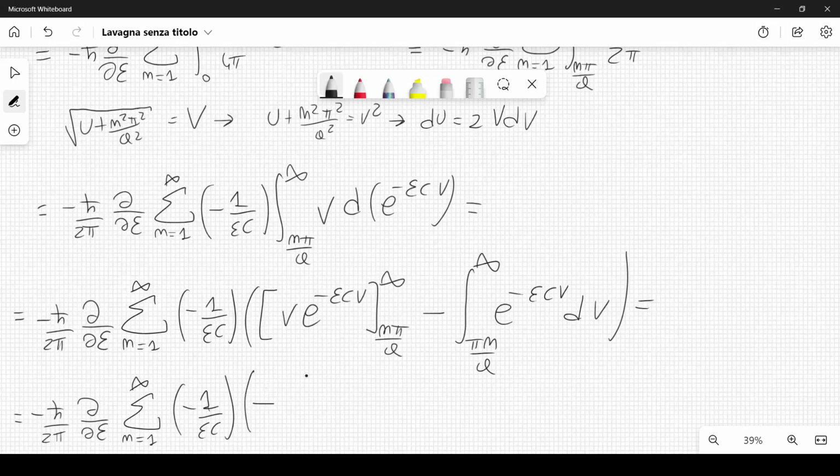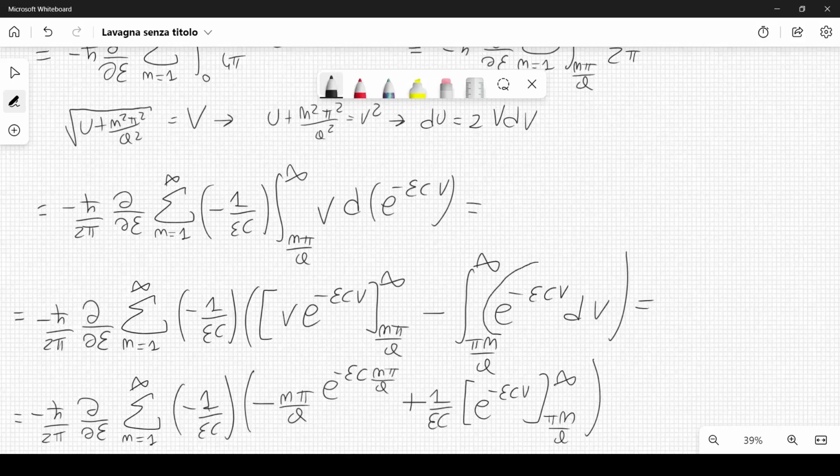So we have minus n pi over a e to the minus epsilon c n pi over a, and then we have plus 1 over epsilon c, and we have to evaluate e to the minus epsilon cv between pi n over a and infinity. So when you integrate this term with a minus sign, you get 1 over epsilon c times this exponential, and then we can evaluate it between infinity and pi n over a. Simple as that.